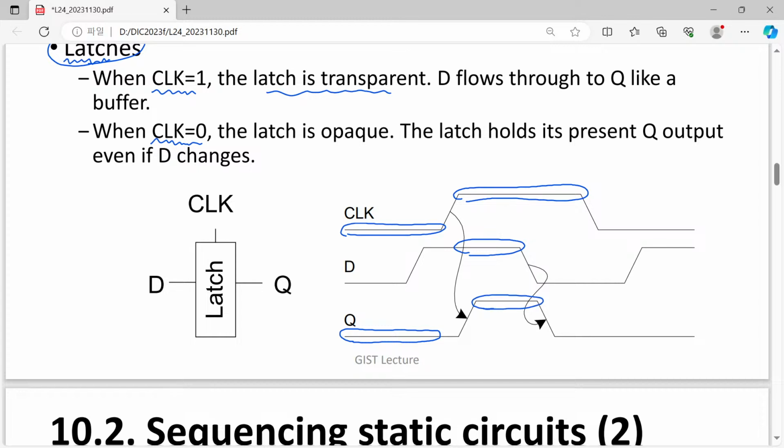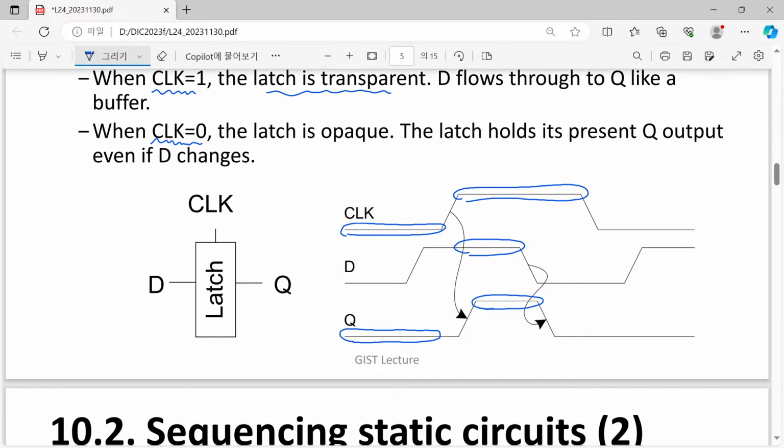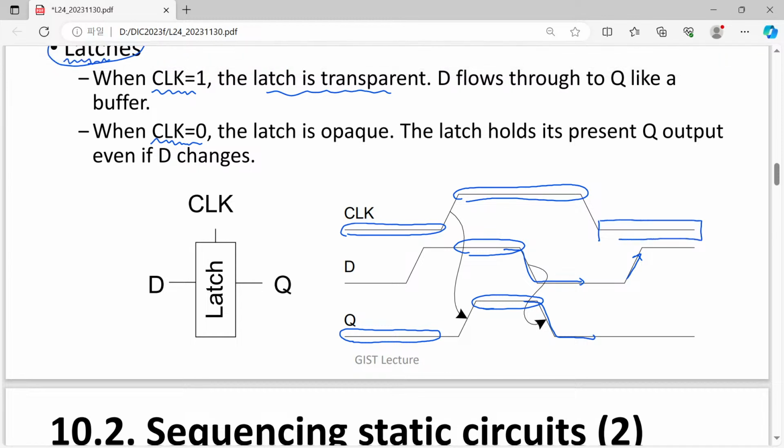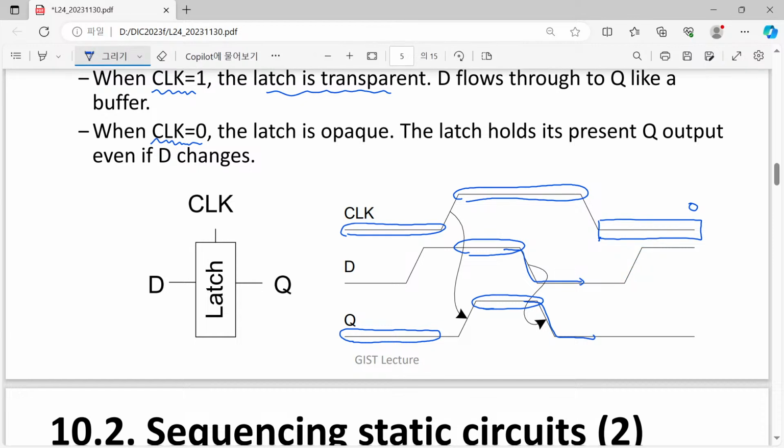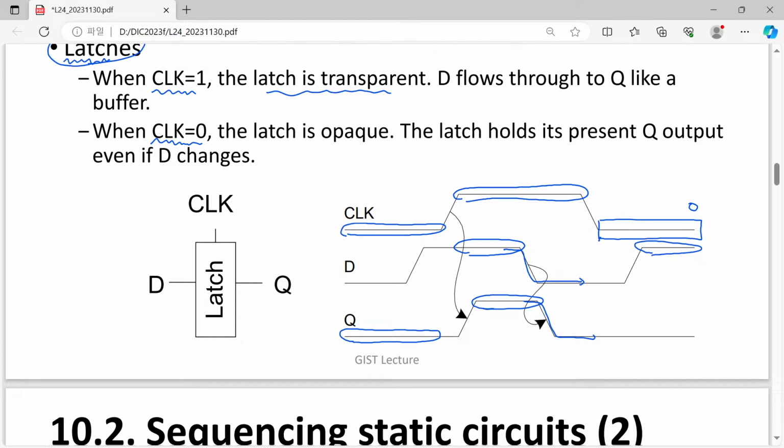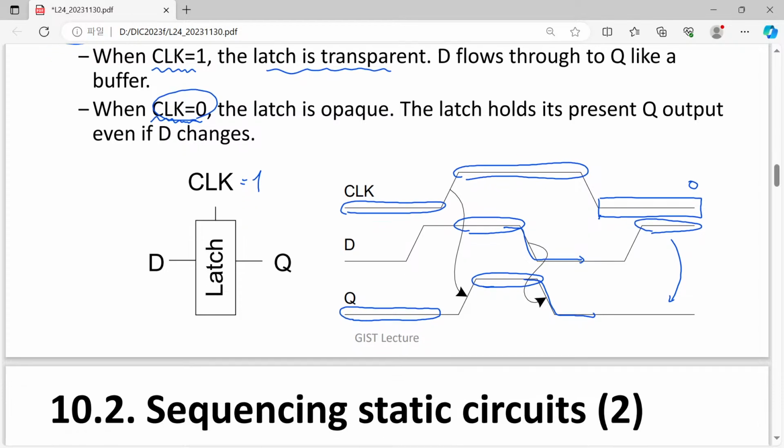During the clock being on, we have a falling edge of data, and that is just copied into Q. Here we have another rising edge, but now clock equals 0, so there is no connection between D and Q. This new value of D is not copied into Q. So simply speaking, when clock equals 1, the latch becomes transparent, and when clock equals 0, it keeps its previous value. That is the latch.